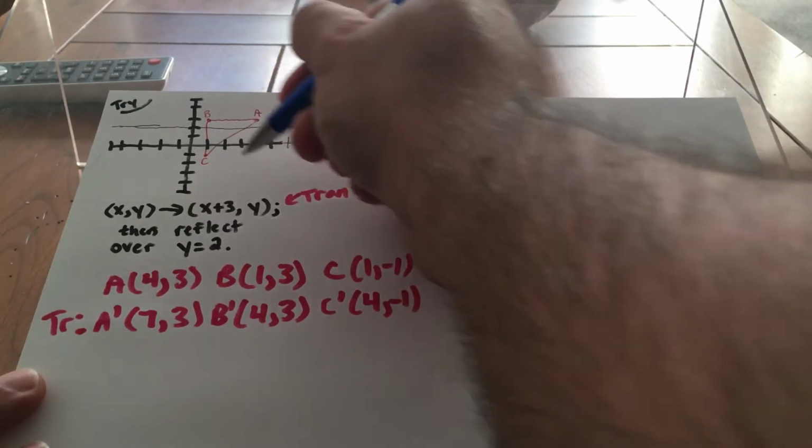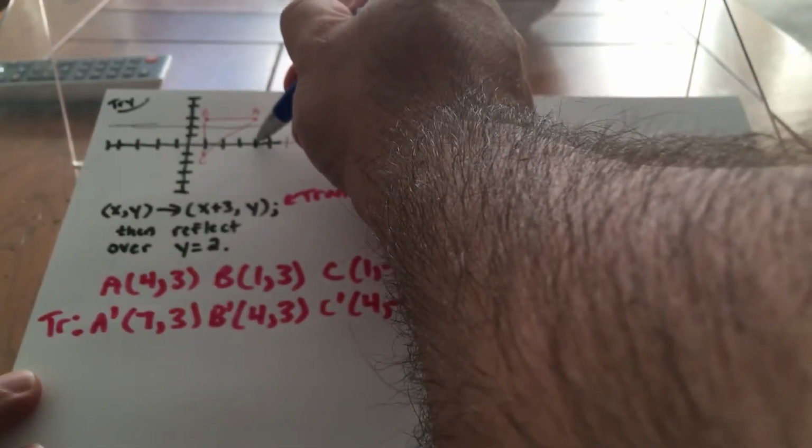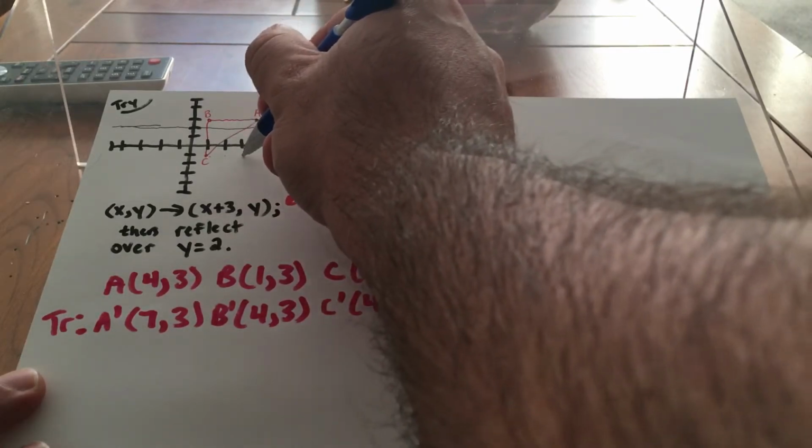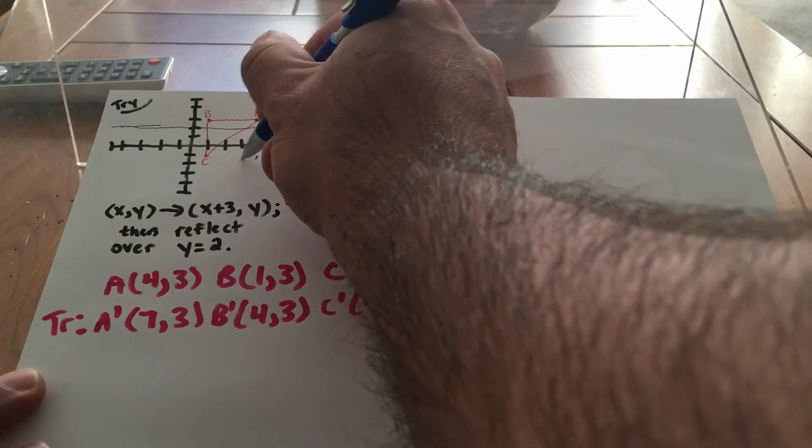This would be your new A prime. Your B prime is over 4. 1, 2, 3, 4, and then up 3. 1, 2, 3. This is where your B prime is now, where A used to be. C prime is the same thing. It's over 4, down 1. So it's going to be right here. So this is the image that happened after we translated it.